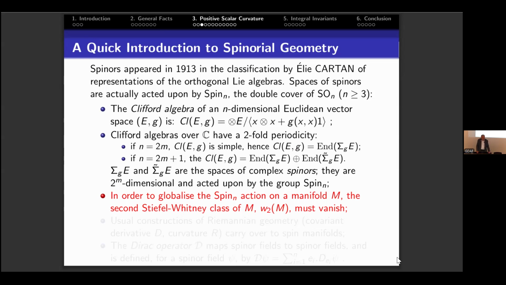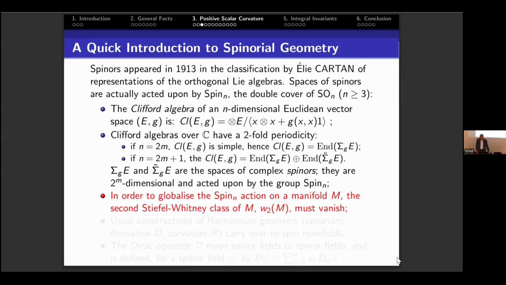In order to make sense of a spin action on the manifold, or a notion of spinors globally, locally you can always do it, of course, but globally, you need a certain invariant, a certain cohomology class, which takes its value in H2 of the manifold with coefficients in Z over 2Z, which must vanish. If this doesn't vanish, you cannot make sense of it globally.